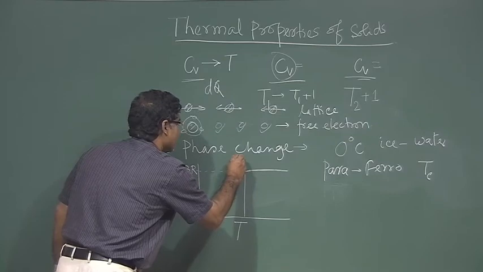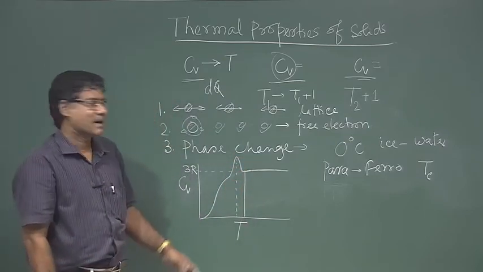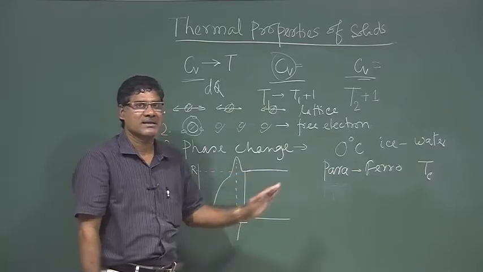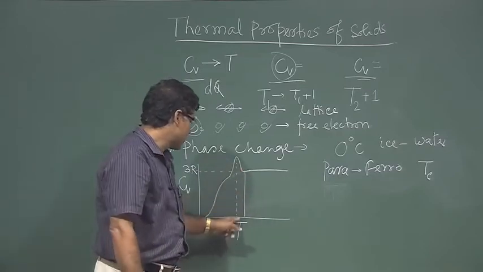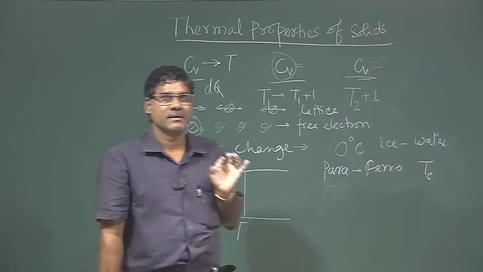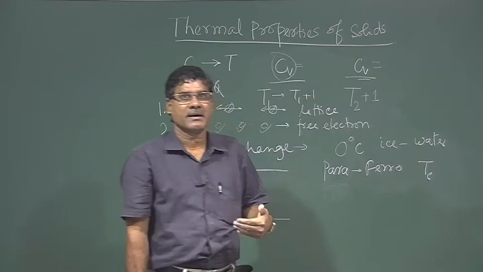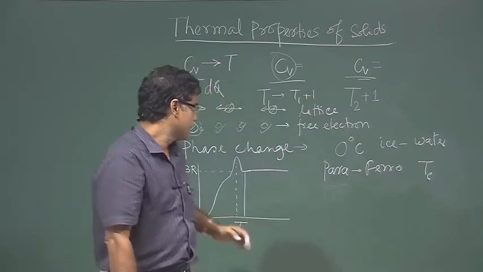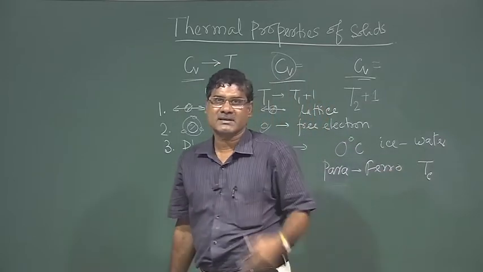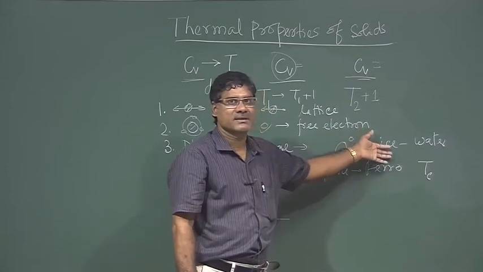Then from this Cv measurement as a function of temperature, one can identify the phase change of the system, and at which temperature it occurs. That is why the Cv measurement of a system as a function of temperature is very important to study the phase change of the system, either magnetic phase change or structural phase change, right.